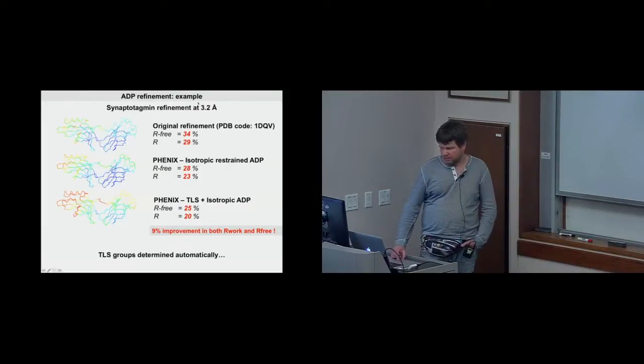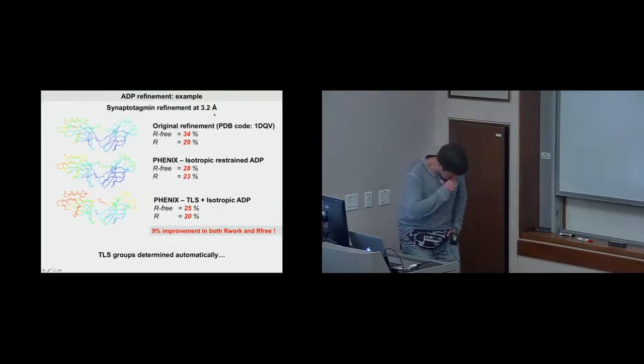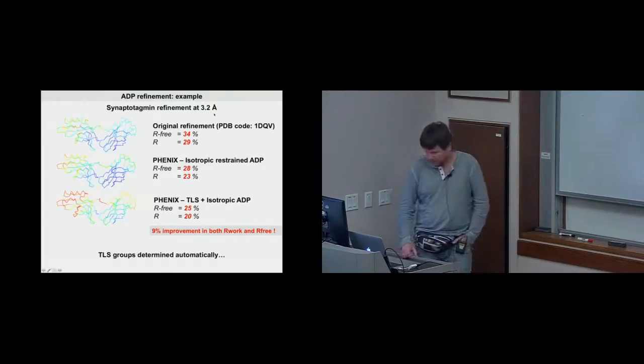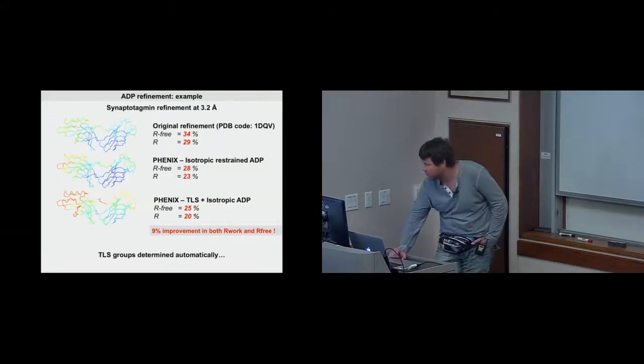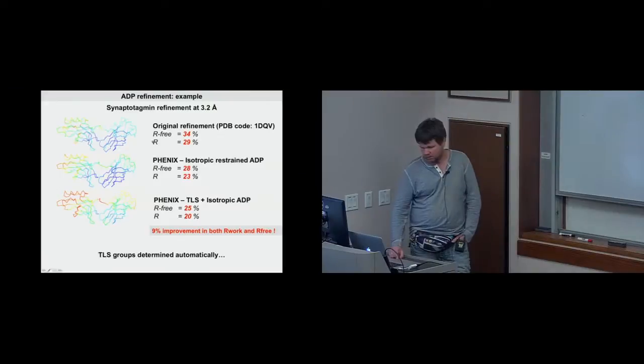This is just an example of a 3.2 angstrom resolution structure taken from PDB code 1DQV. Published R factors 2934. If we just do Phenix refinement with isotropic restrained B factors, the R factors drop quite significantly.